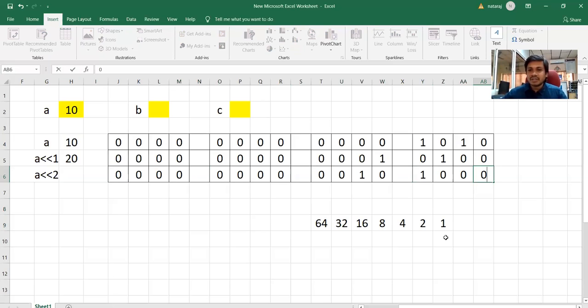What is this value? 0, 0, 0, and this is 1, 0, 1. So it is 32 plus 8, which is 40.